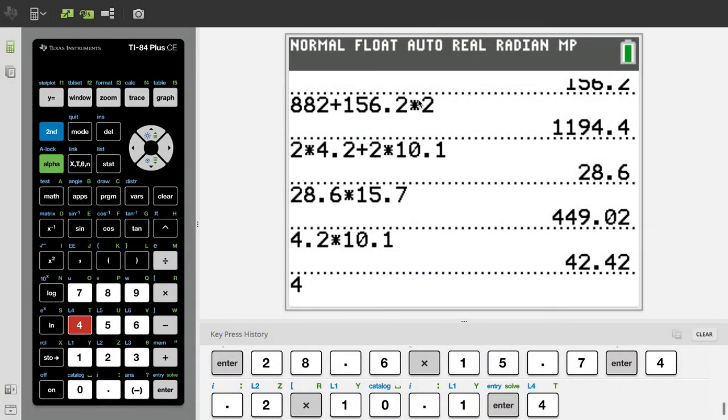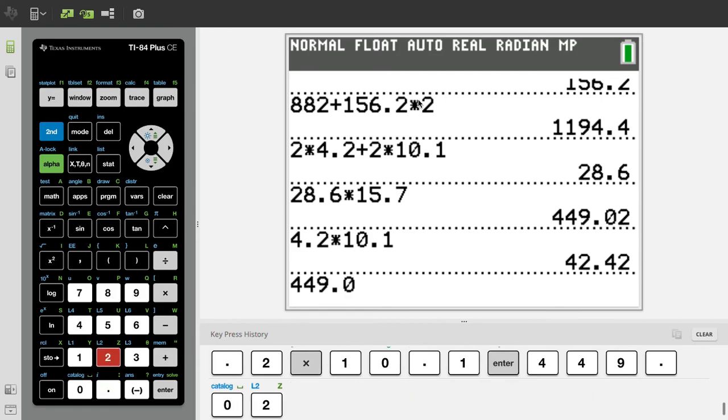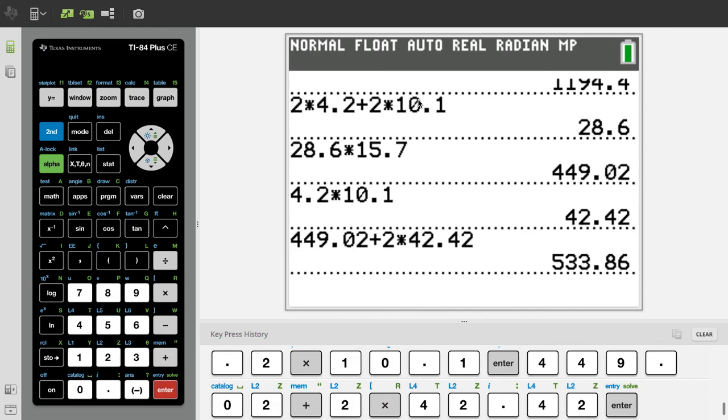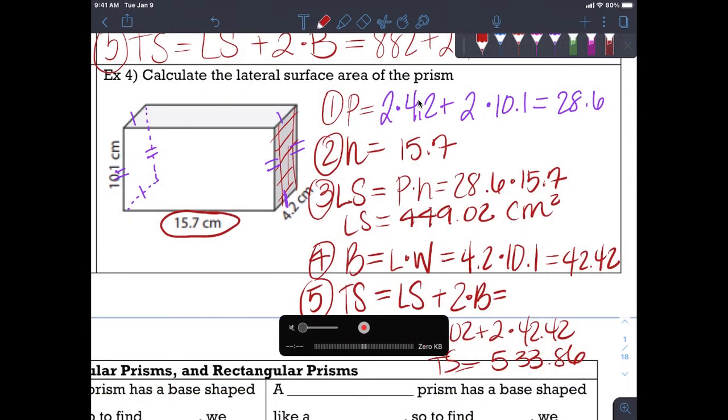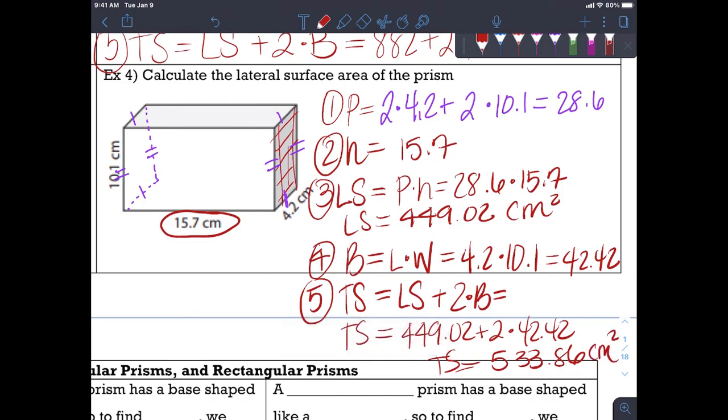So 449.02 plus 2 times 42.42. And I end up with 533.86 for my total surface area. Of course, this is going to be in centimeters squared because it is an area.